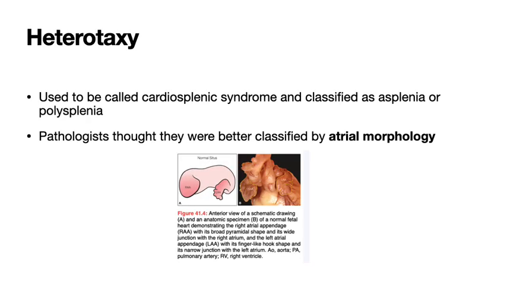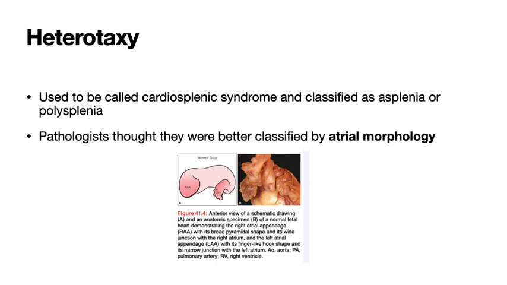Now, heterotaxy is a term that's thrown out there, which kind of means the whole right-left thing is all messed up. And they used to be called the cardiosplenic syndromes, because what they did is they classified these individuals based on whether they had no spleen or lots of little spleens.